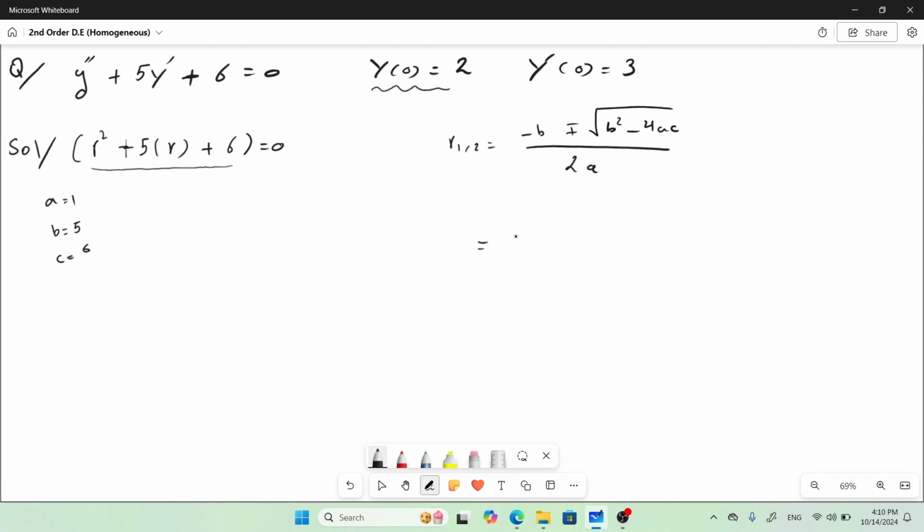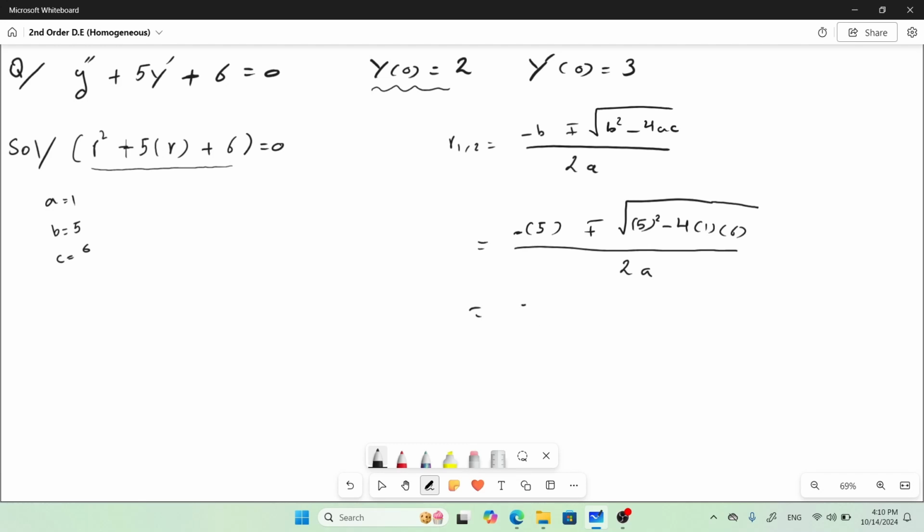So we have the following: negative b, which is 5, so negative 5, plus or minus the square root of b squared, which is 5 squared, minus 4 multiplied by 1 multiplied by 6, divided by 2a.